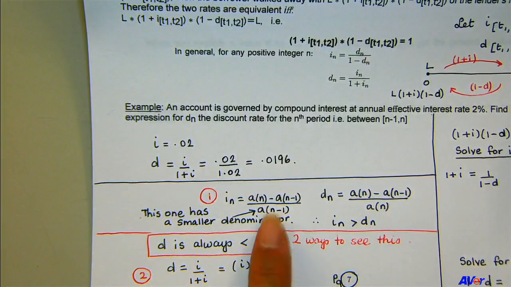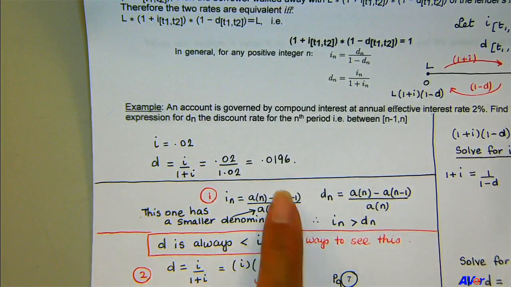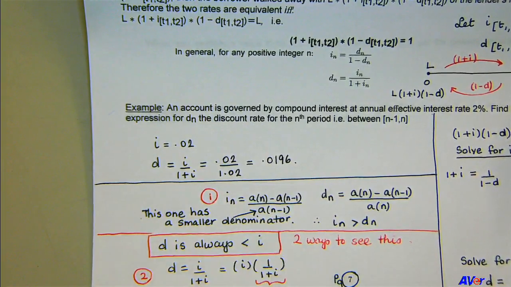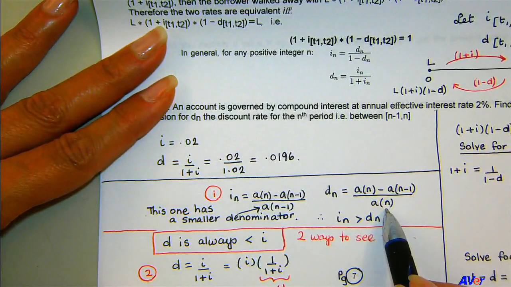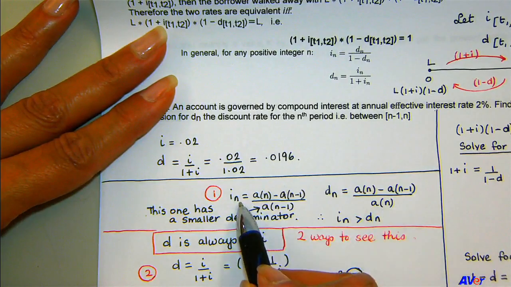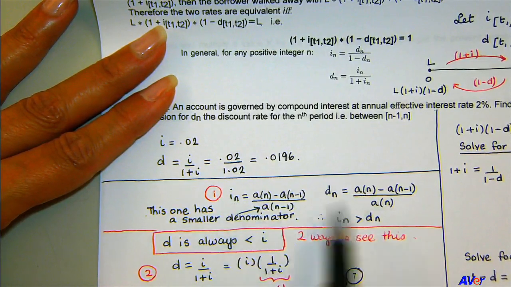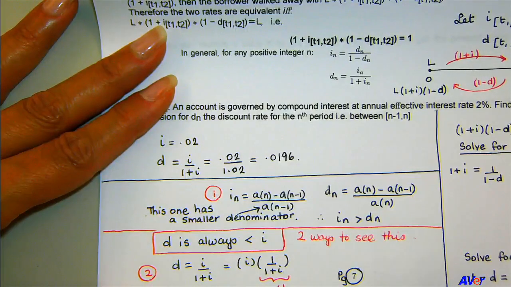So isn't A(n−1) a smaller number? So wouldn't I always be bigger? Because when you divide by a smaller number, don't you get a larger quotient? So it's clear to see that because I'm dividing by a smaller number here than I am here, this one will be a bigger quotient. So D is less than I. It's obvious to see that D_n is less than I_n. Get it?